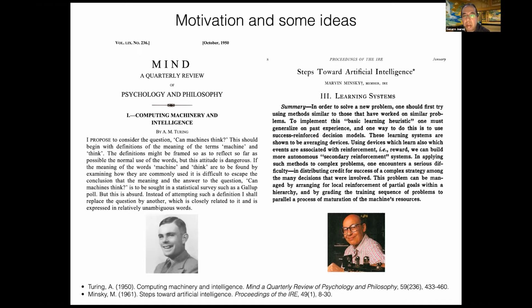The other paper comes from Marvin Minsky in 1961. In this paper, Minsky establishes 4 properties to talk about artificial intelligence. Minsky separates 4 components here, and principally the problem of learning systems: how an artificial system can have the possibility to learn.